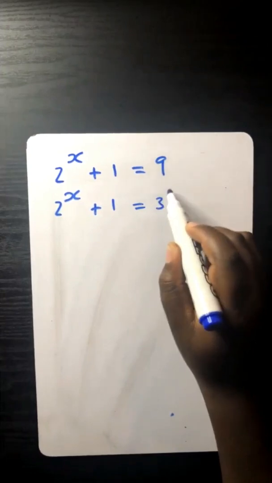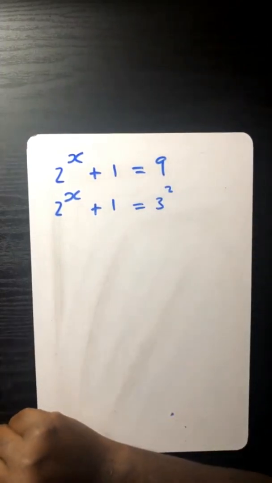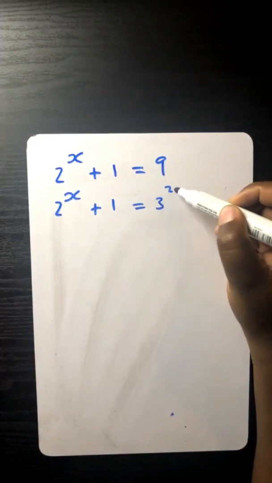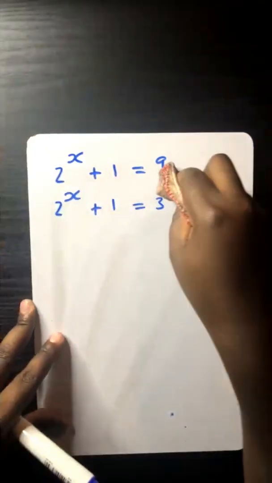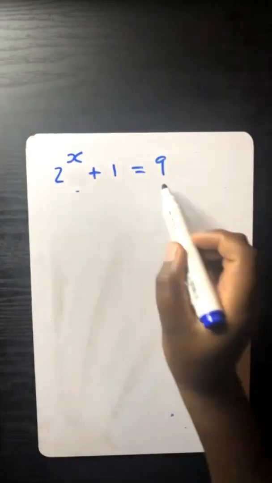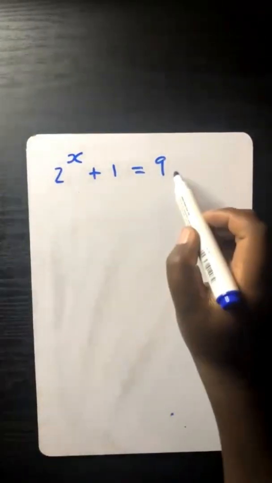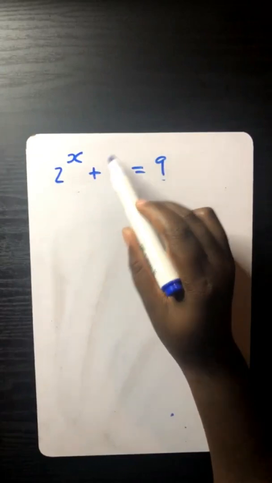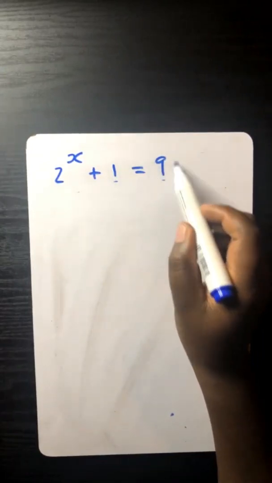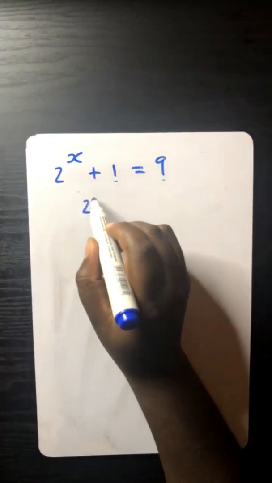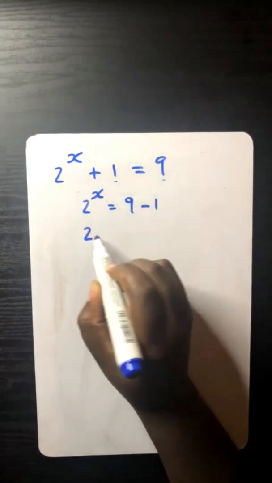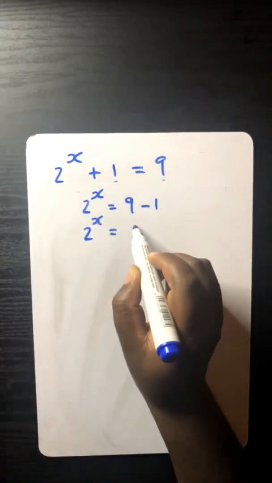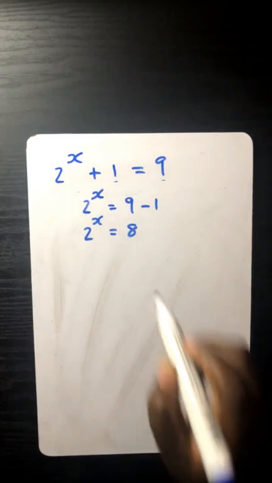But before that, I want you to notice something. You can simplify this given equation because you've got a number and you've got a number. Why not transpose and work out 9 with that 1 over there? Which means you're going to have 2 to the exponent x, which is equals to 9 minus 1. 2 to the exponent x is equals to 8. So what is 8?